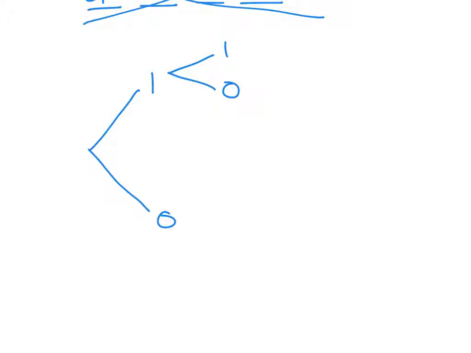And if the first switch is off, then the second switch is on. Let's go to the third switch. If the second switch is on, then the third switch could be on or off. Thank you, Shamari. If the second switch is off, the third switch has to be on.